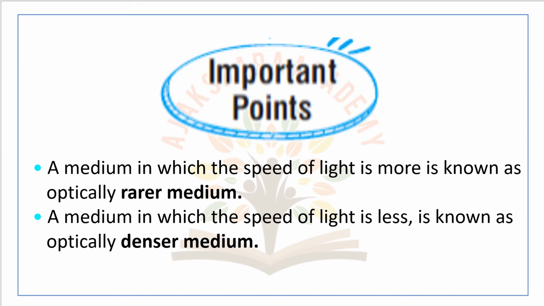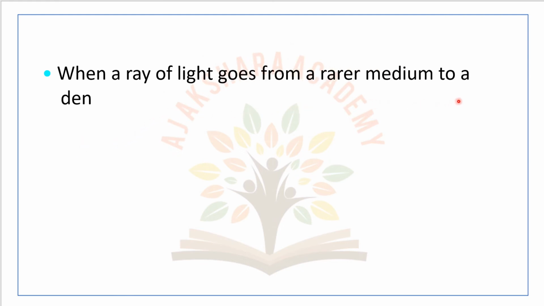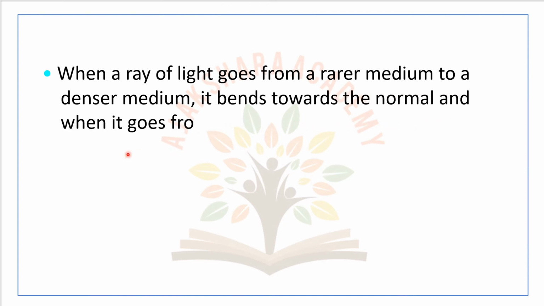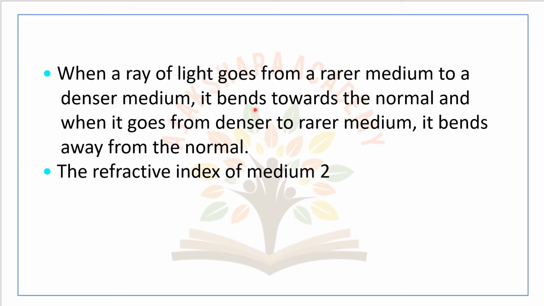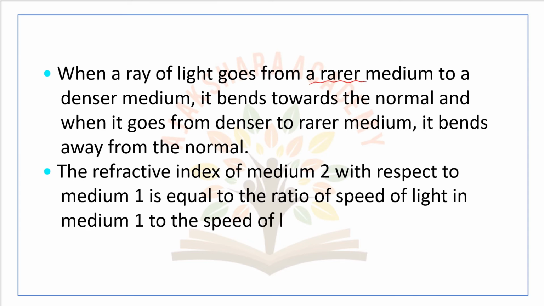Okay. Next, when a ray of light goes from a rarer medium to a denser medium, it bends towards the normal, and when it goes from a denser to a rarer medium, it bends away from the normal. When the light ray travels from rarer to denser, the refracted ray bends towards the normal.